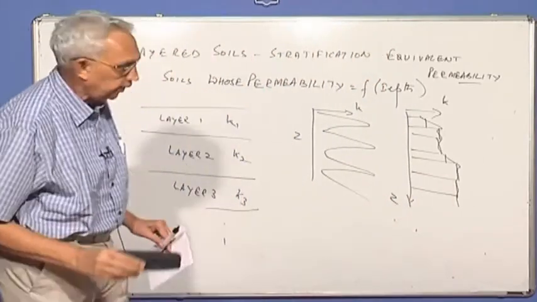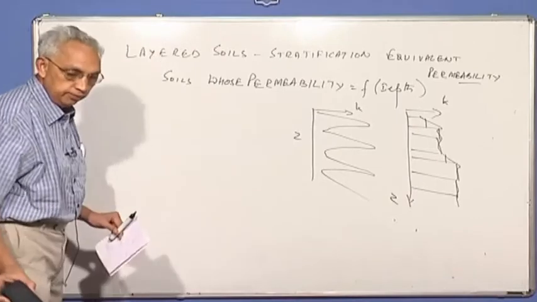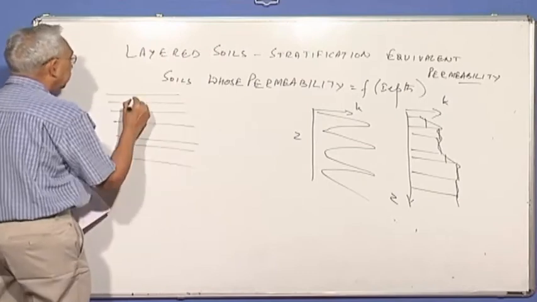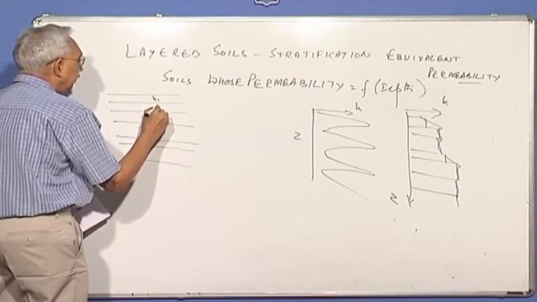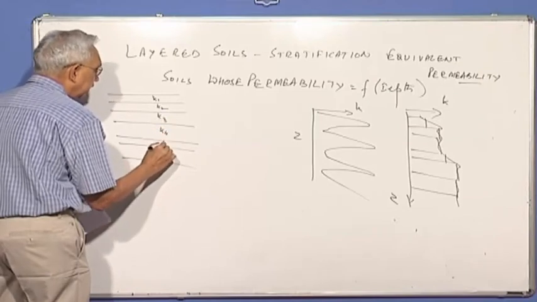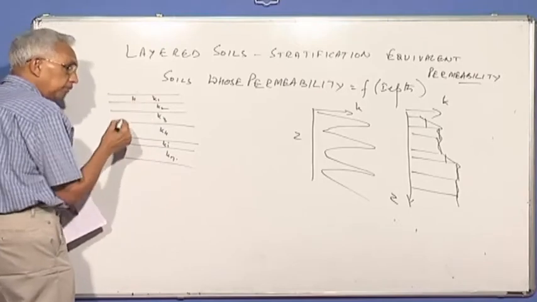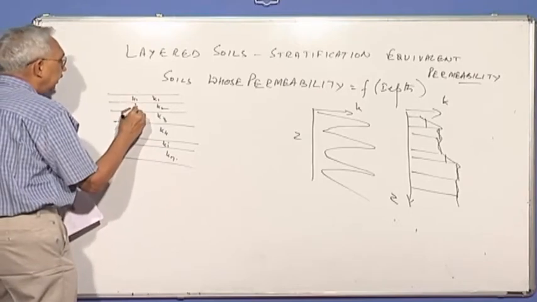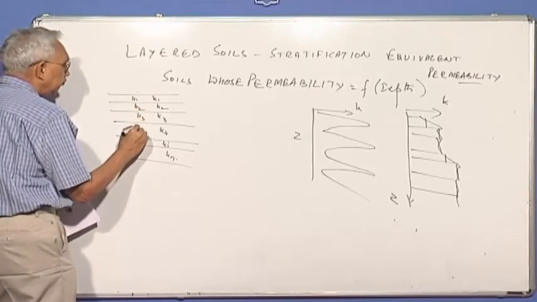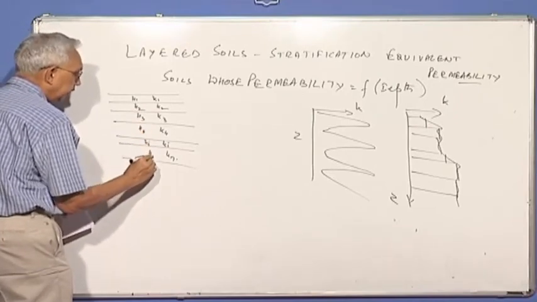For example, let us say we have a simple situation of a set of soils. So I'll put it K1, K2, K3, K4, let's say Ki, and last one is Kn. And thickness can also be variable, H1, H2, H3, H4, Hi, Hn.